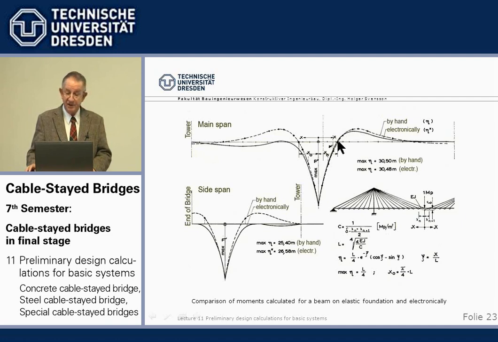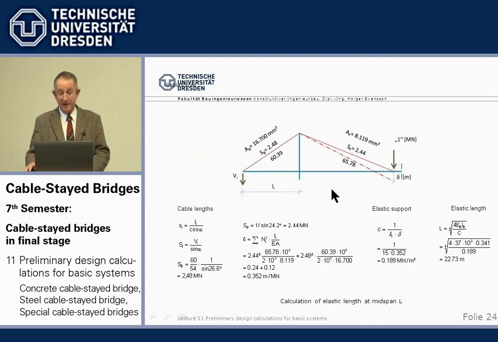And you see it's very, very close for the positive moment. So it works. It's not so good for the negative moment. There, the approximation with a beam on elastic foundation is not good. We don't need it for preliminary sizing. I just mentioned it. It comes up later. So it works. Now, how do we calculate this elastic length, which we need?